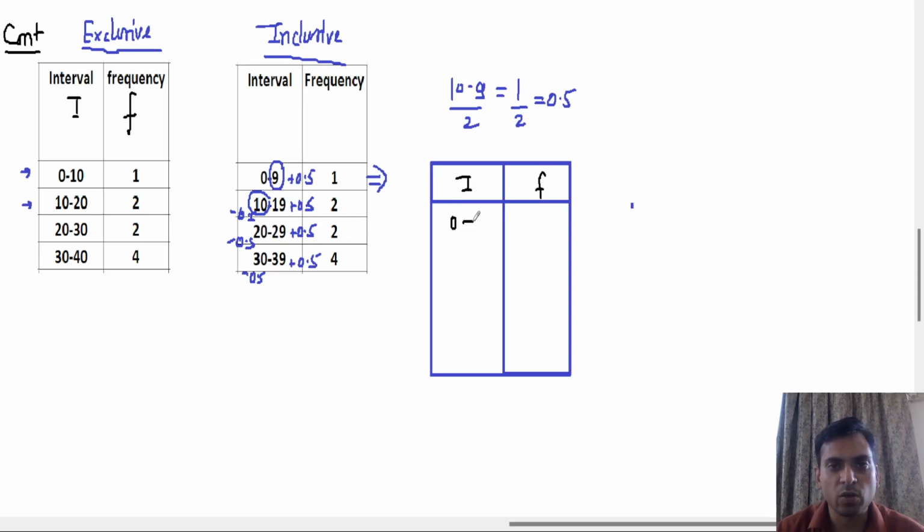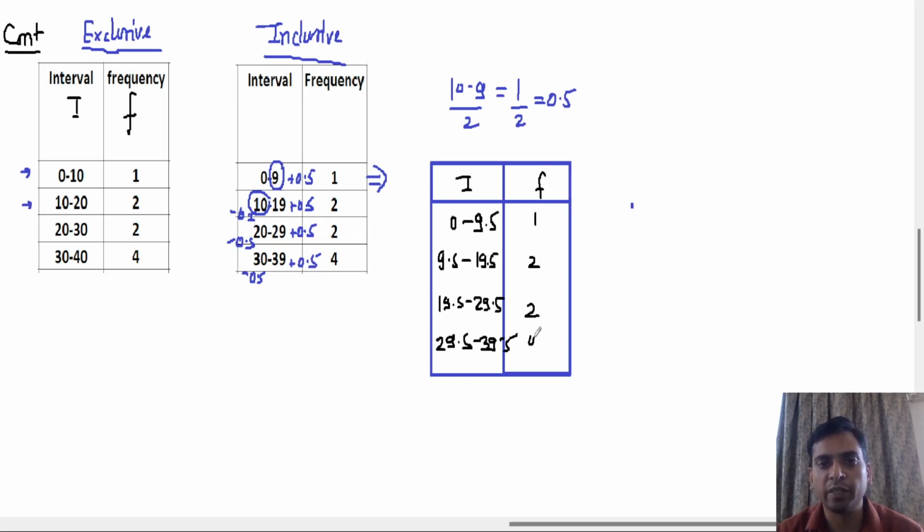I will explain this also, 0 to 9. And this value is 9.5 on addition. This is 9.5, this is 19.5, and this is 19.5 to 29.5, and this is 29.5 to 39.5. And frequency is the same, no change.